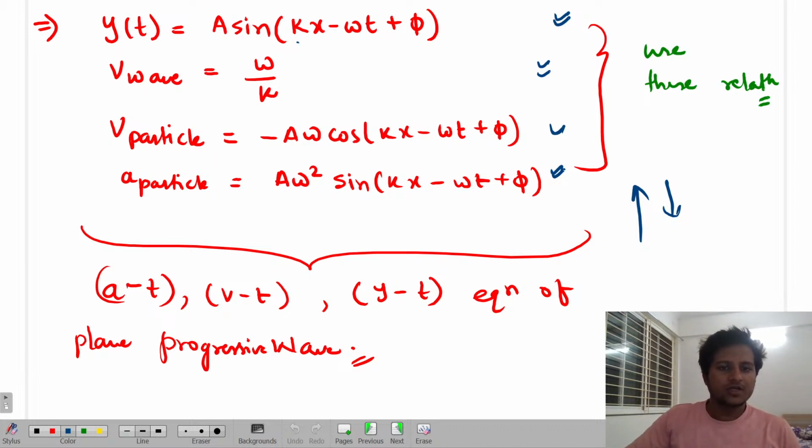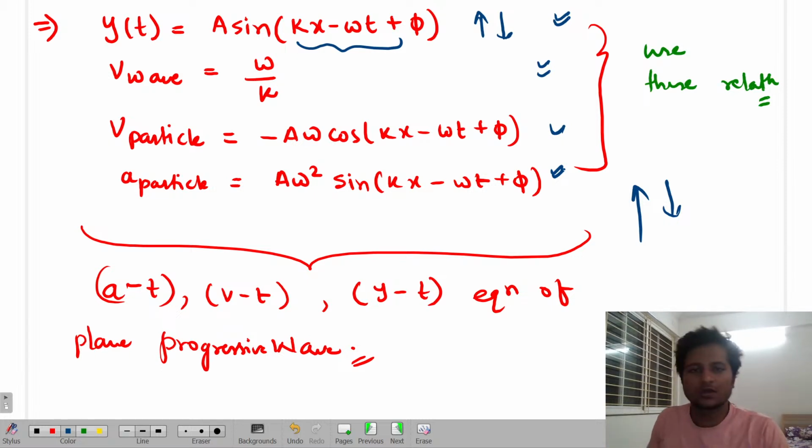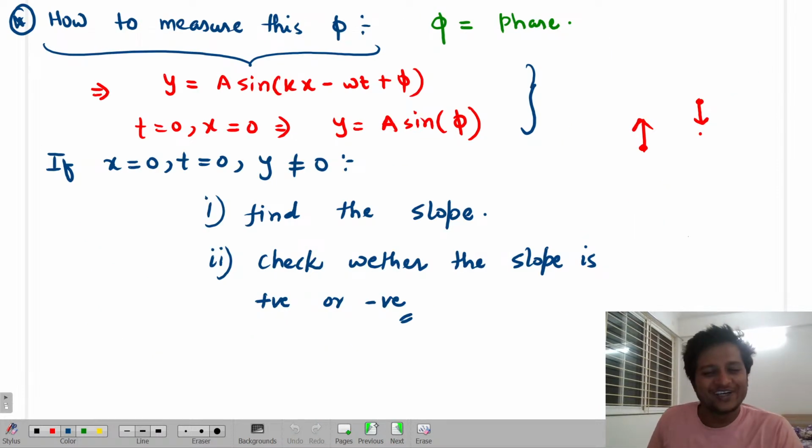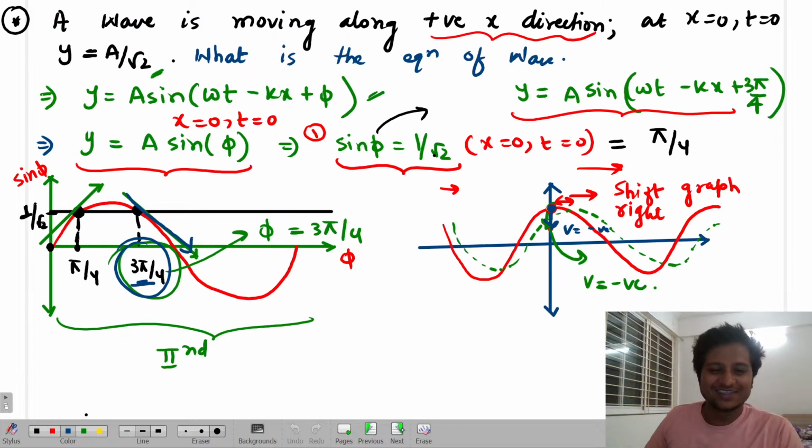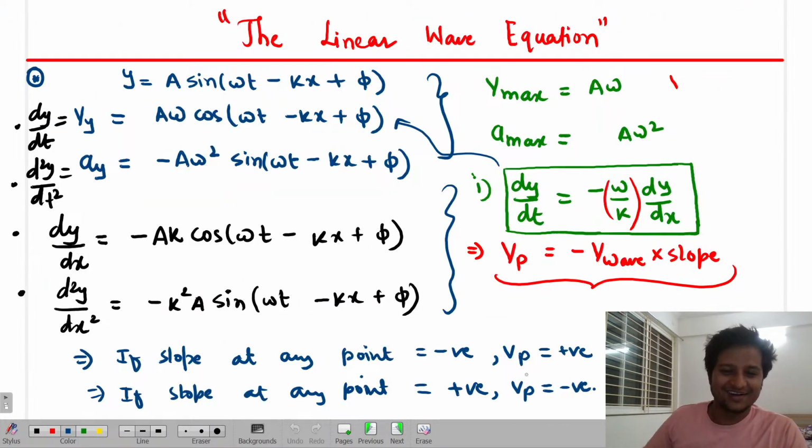Because you have already included that whenever the particle goes up, the velocity becomes negative. That's all. Is that clear or not? That was made later on, and this was the earlier one. So that's why we are still following the conventional methods.